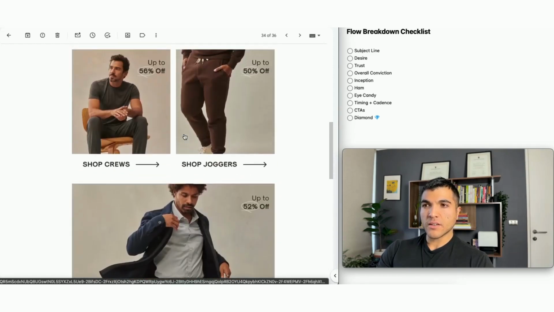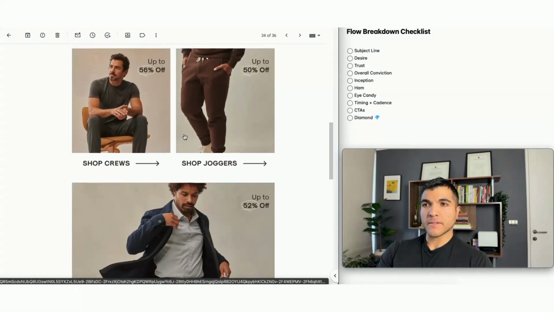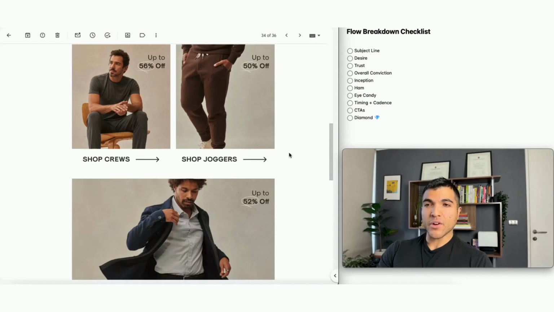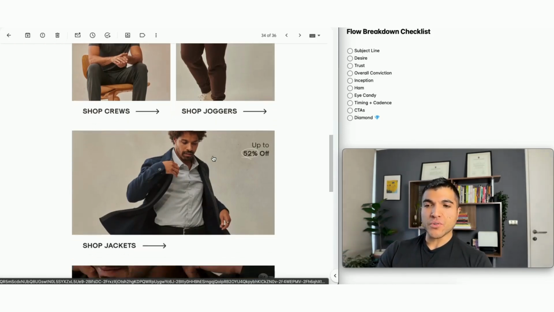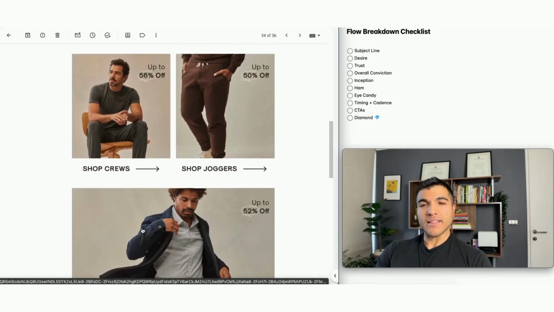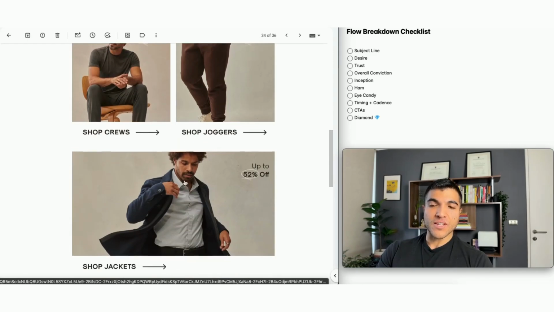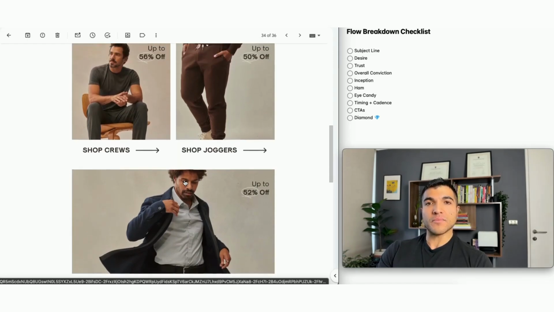Potentially, I would expect that at their size they know that these are high lifetime value products, meaning when someone buys either a crew, a jogger, or a jacket, it leads to a higher lifetime value, either because the person buying these has higher spending power, or because they have such a nice experience with the crews, the joggers, the jackets, that they afterward feel more compelled to buy more.